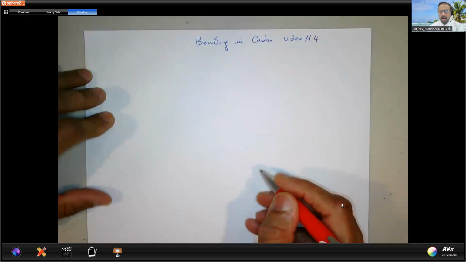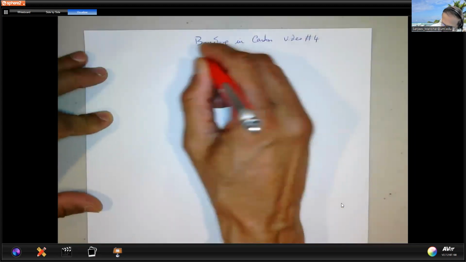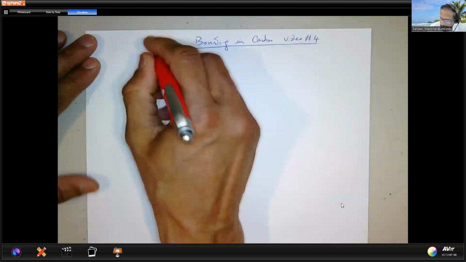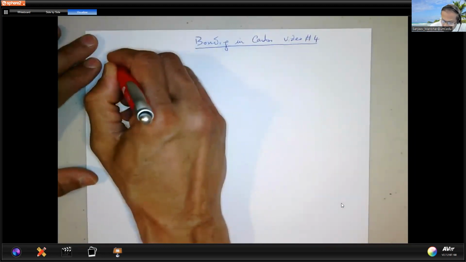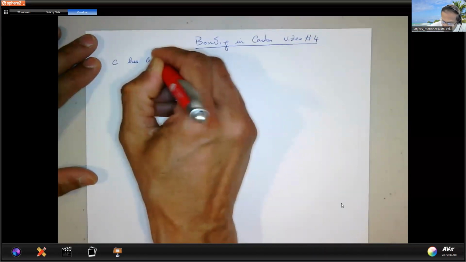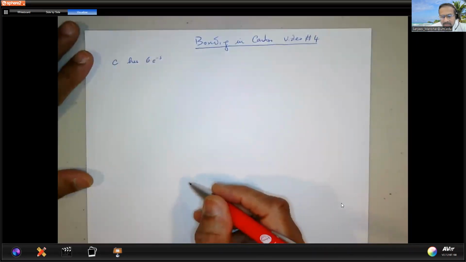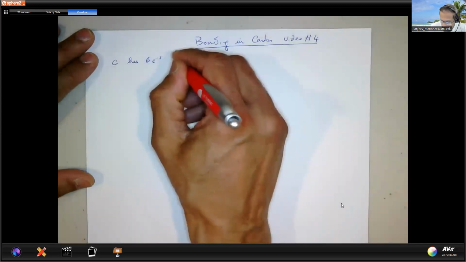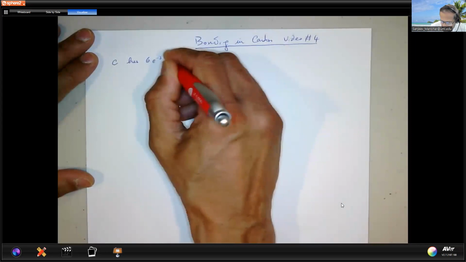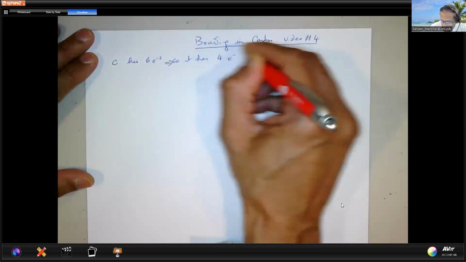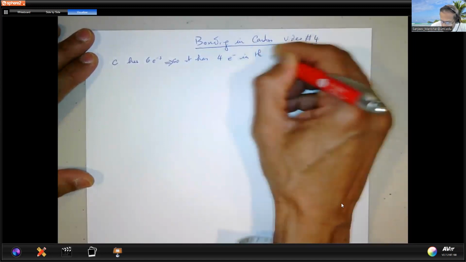Video 4, right? Bonding in carbon. So let's say the electronic configuration of carbon has 6 electrons, right? 2 are already in the inner shell, so it has 4 electrons in the valence shell.